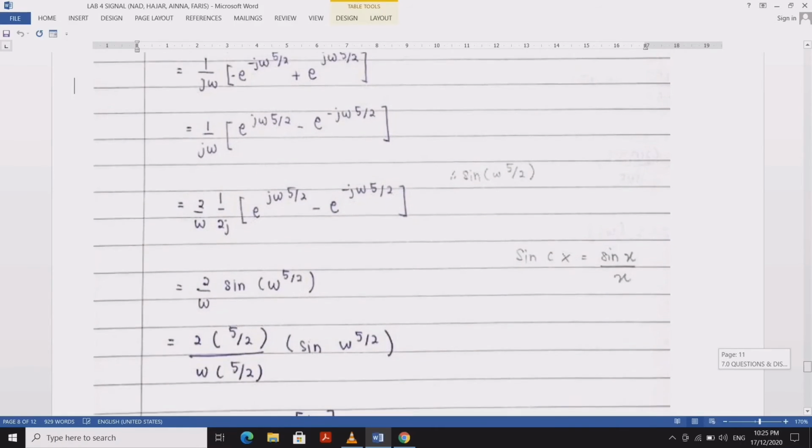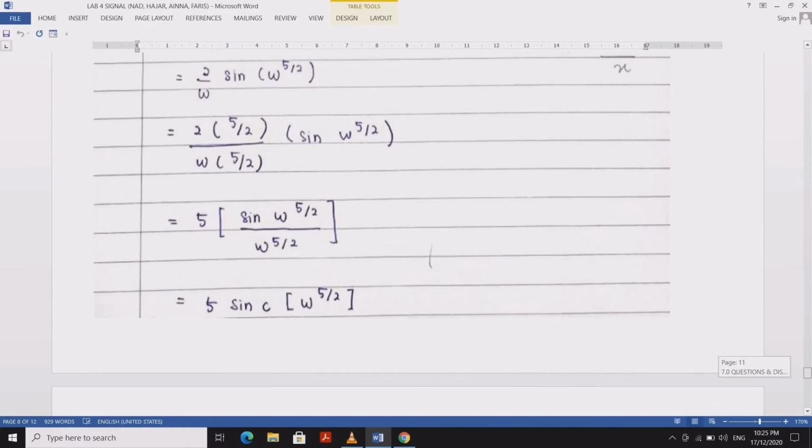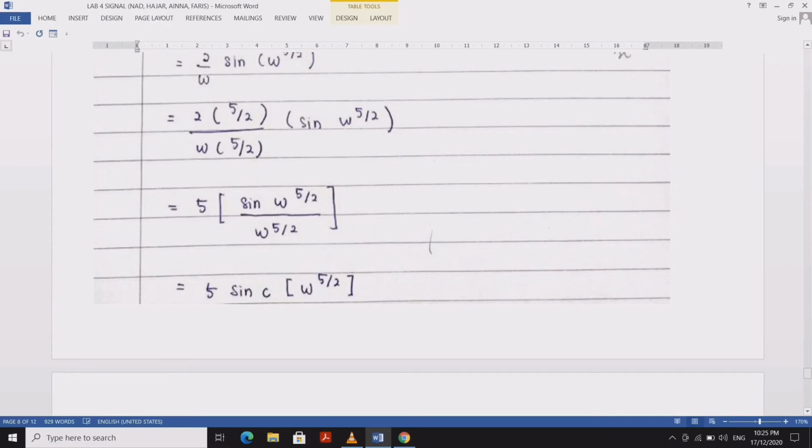Then we must get sinc x equal to sin x over x. When we solve it, we get the result 5 sinc(omega 5 over 2). So this is proof that 5 is our amplitude, while sinc(omega 5 over 2) is our sine wave. And that's all from me.